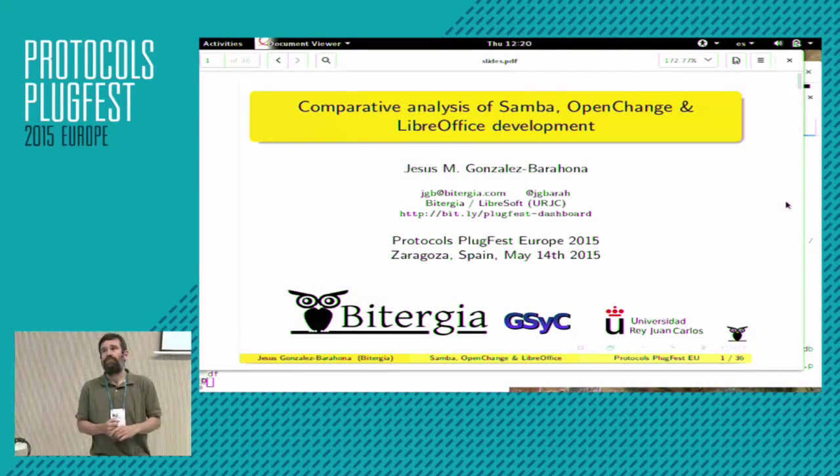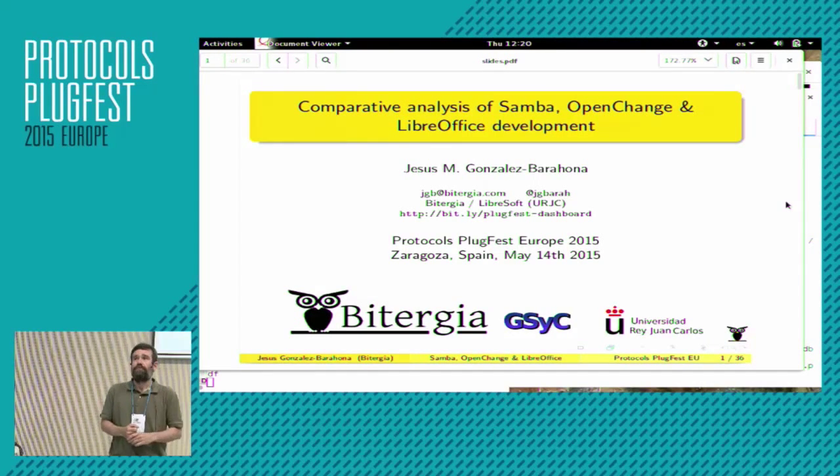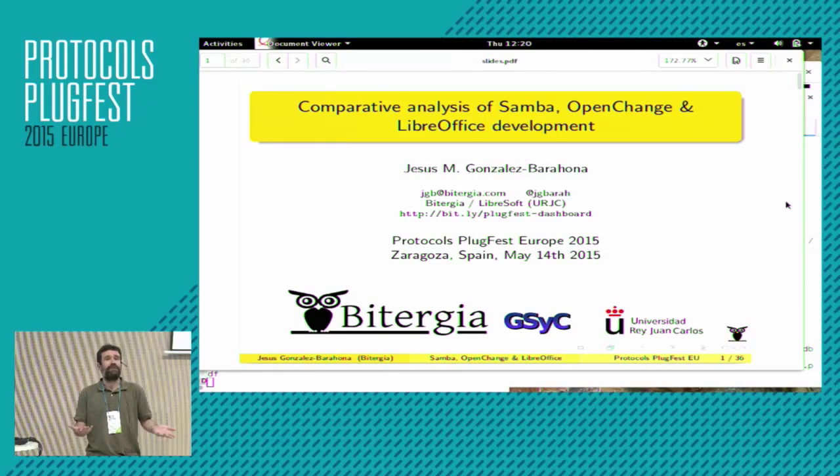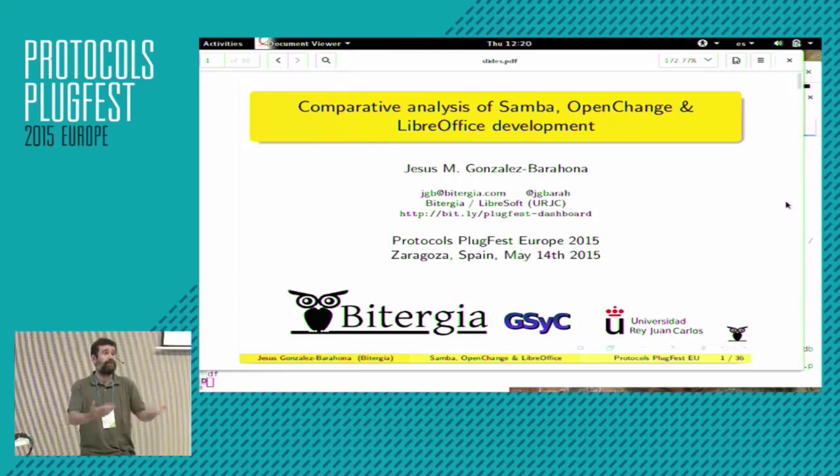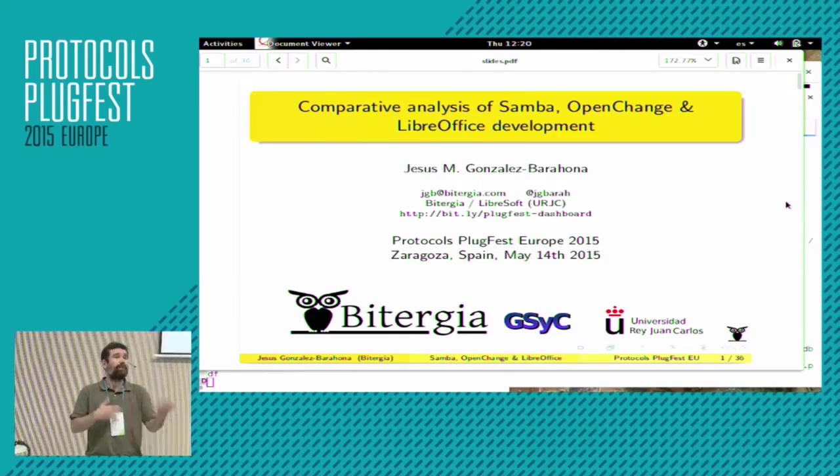As you probably know, in free open source software development, most of the activity happens in the net. So we have tools for sharing the data, for sharing the source code. We have tools for talking about the source code.